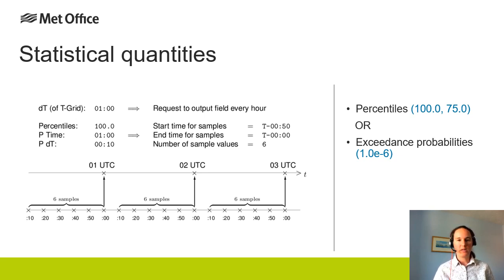We've then got the time in which that percentile must have occurred, a 1 hour period in which we're looking for the 100th percentile. And then we've got a time step, which in this case is 10 seconds. So we're looking for the maximum concentration in 10 seconds in an hour's block. If you want more information on this, you'll find it in the NAME user guide.